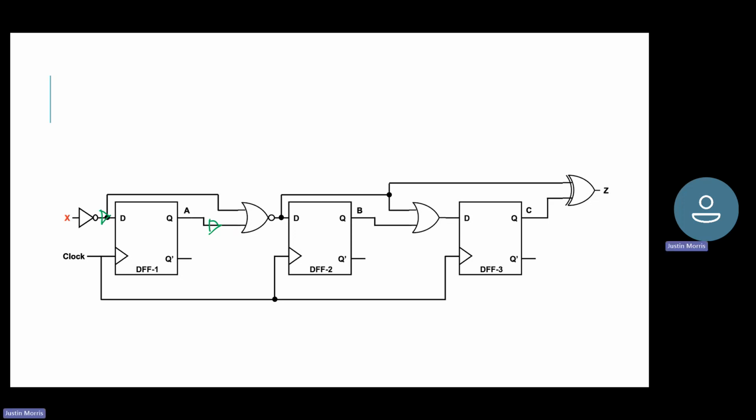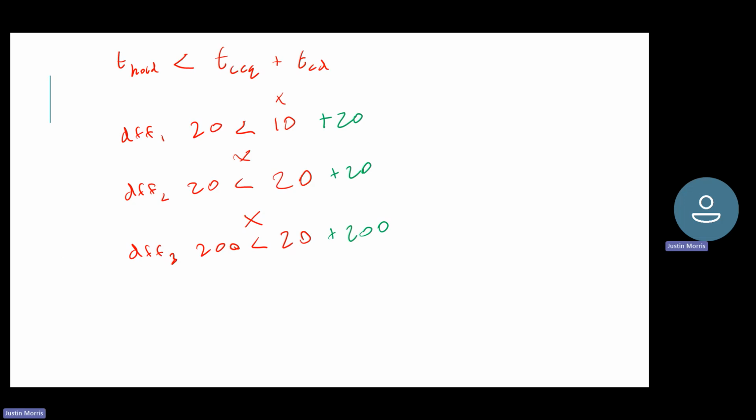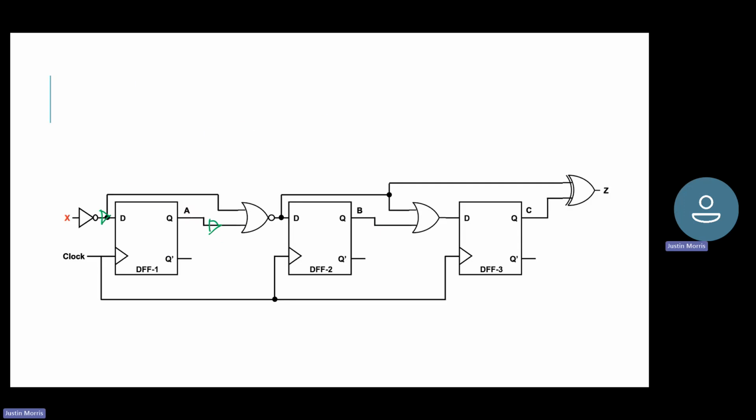Then you have the second gate, you get to the second flip-flop. Do we no longer consider Q as 15 nanoseconds? It says all contamination delays are 10. So the clock to Q here is 10, this is 10, so it was 20.